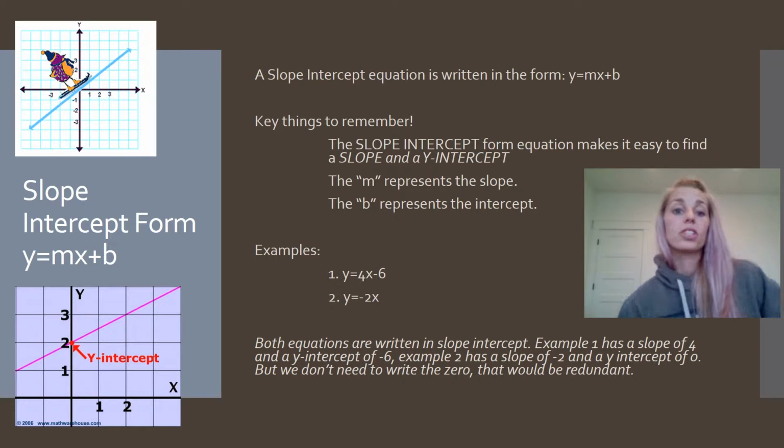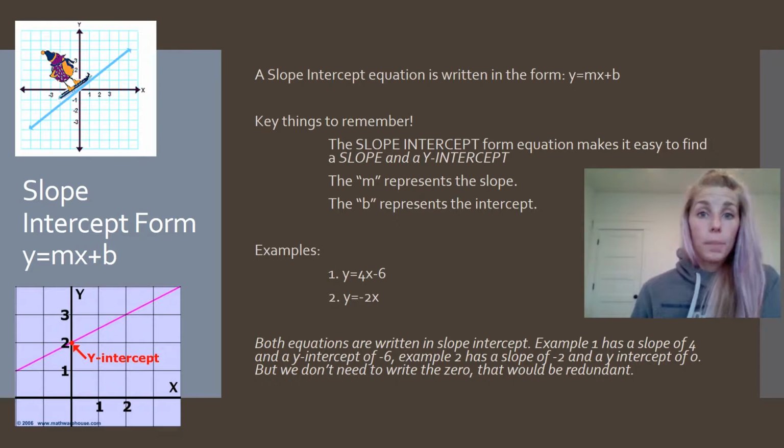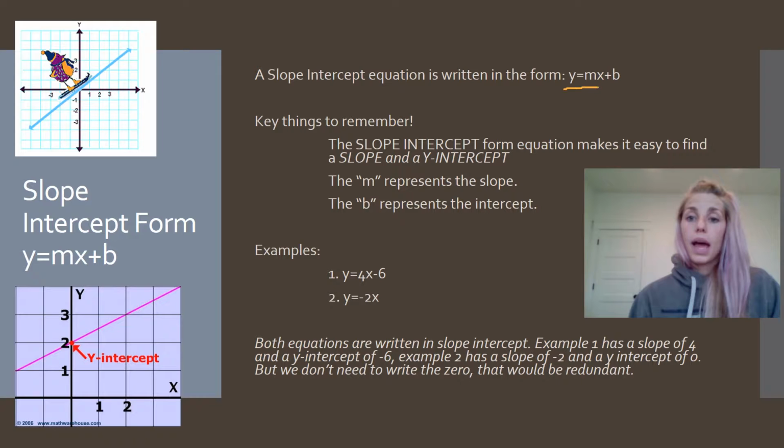So now we have slope-intercept form, and this is the most commonly used, and this is the most beneficial in Math 8. The mathematical form for slope-intercept form equations is y equals mx plus b.